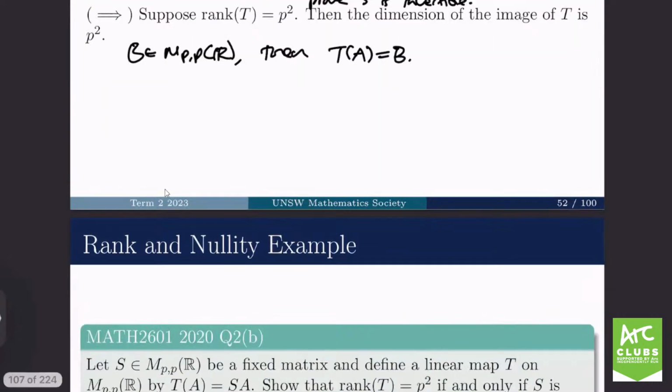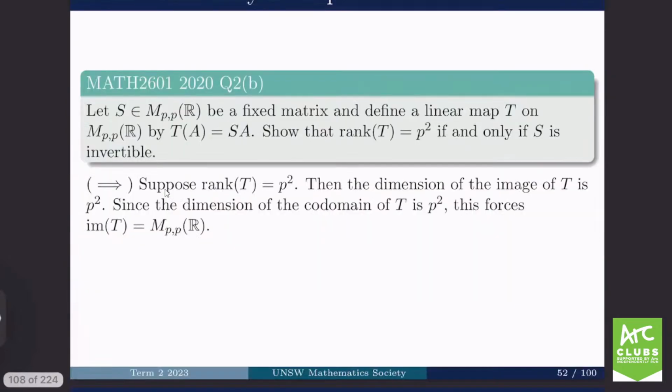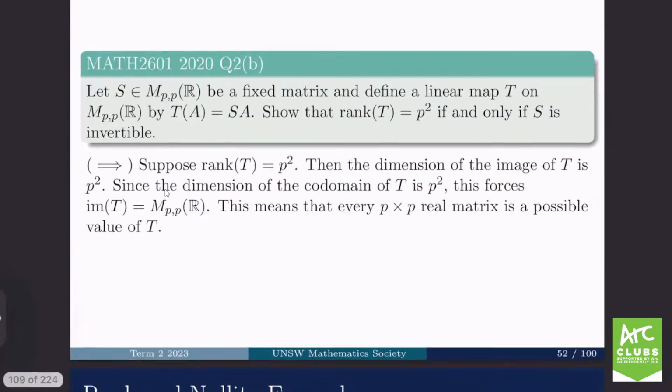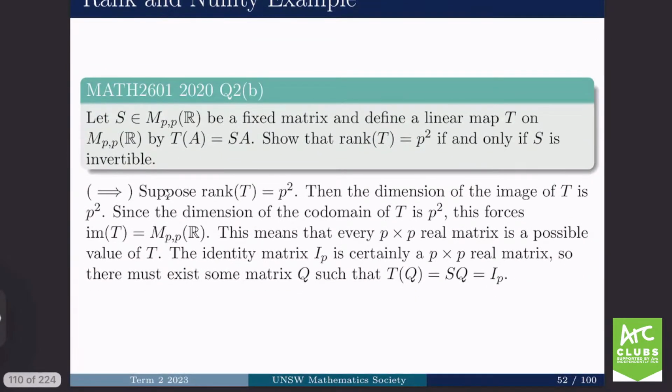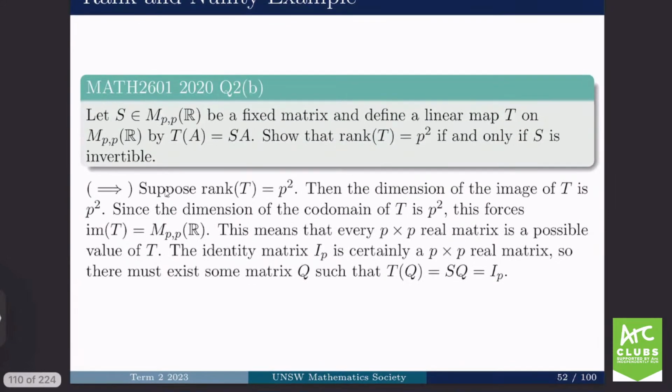If that's the case, then the identity matrix is certainly part of the image of T.